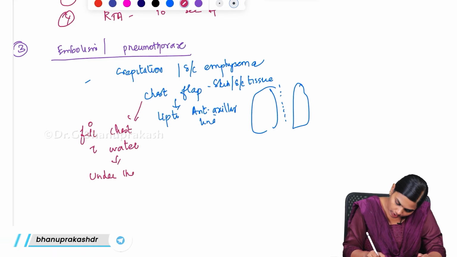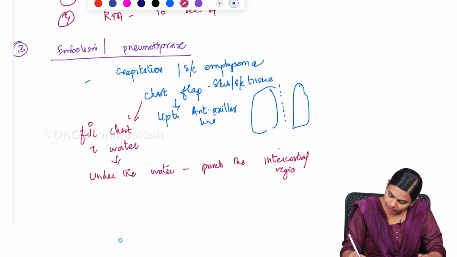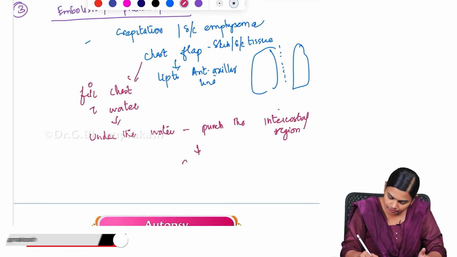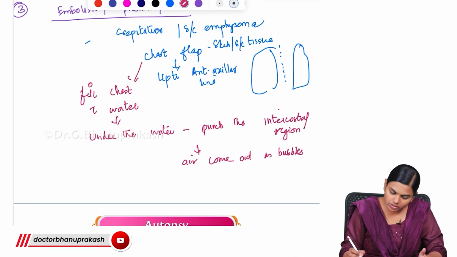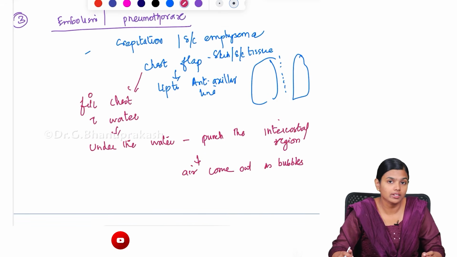Under the water, you have to punch the intercostal region. You will make an incision, and if there is air present, you could see the bubbles. Air will come out as bubbles. So, this is the technique that we normally use for identifying pneumothorax.